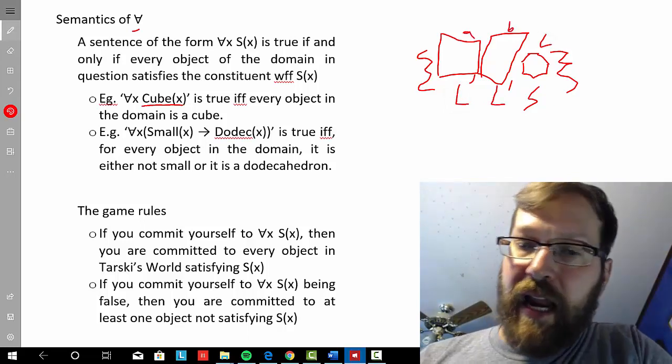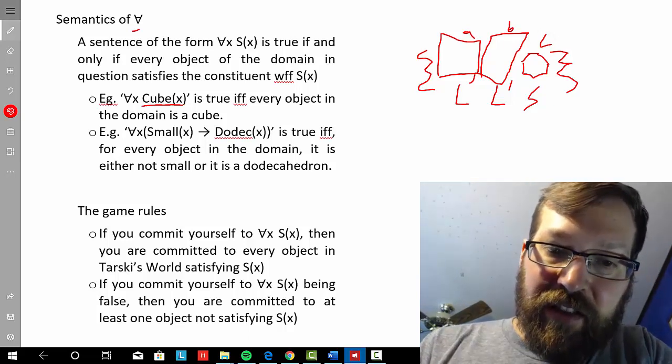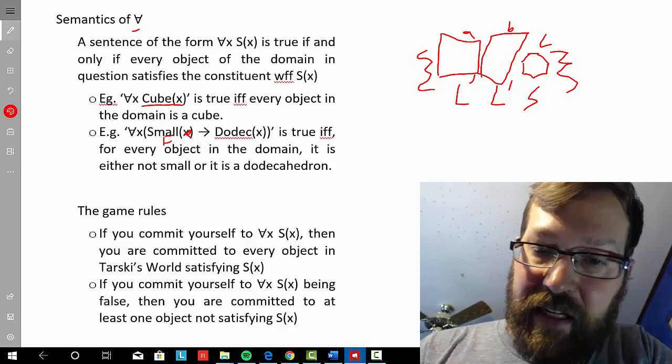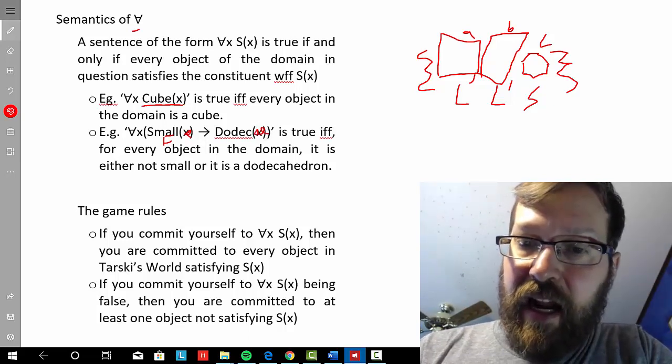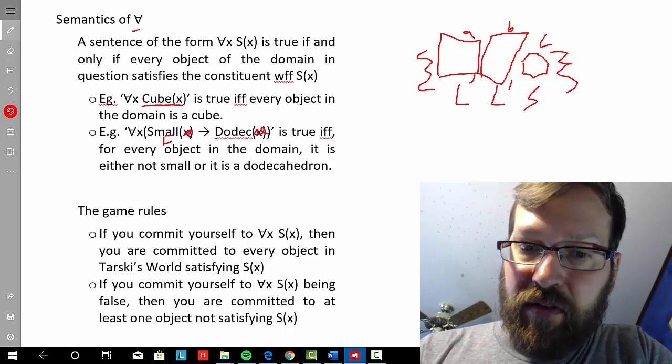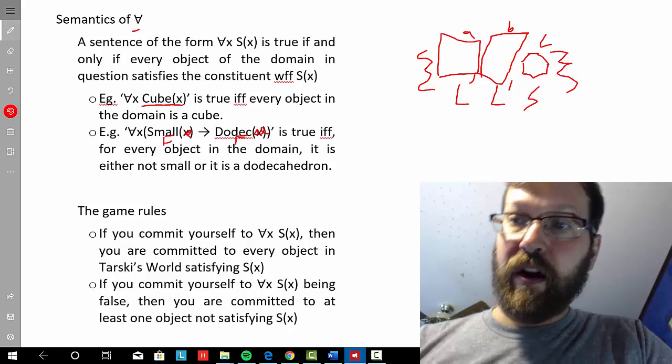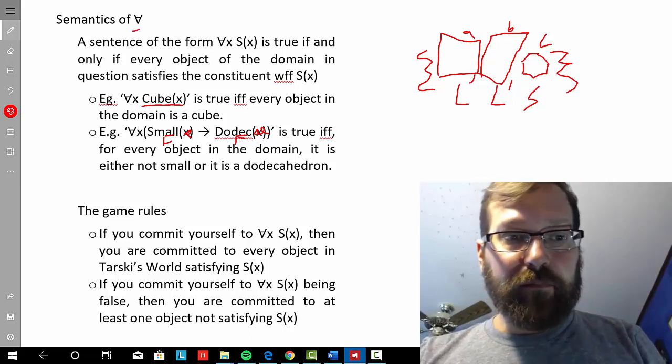Then when I plug in A, since the antecedent would be false, and the dodecahedron is also false, it'll turn out that that conditional is true, and therefore A satisfies it.